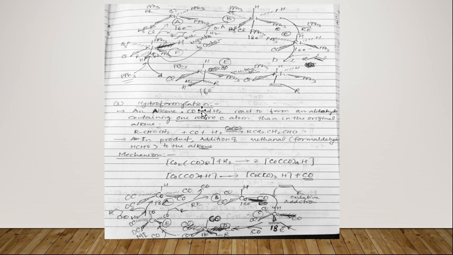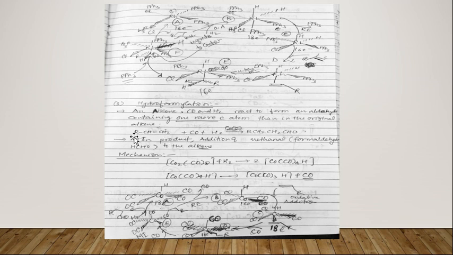Now the third reaction is hydroformylation. From this alkene and carbonyl, the hydrogen molecule H2 reacts to form the aldehydes containing one more carbon atom than the original alkenes.